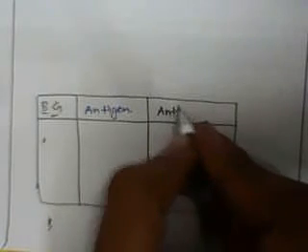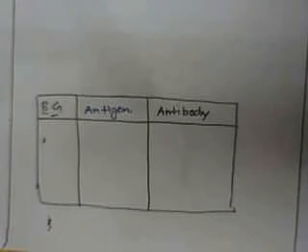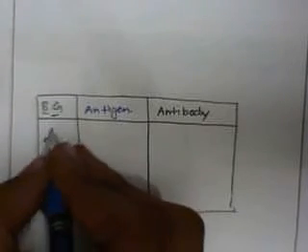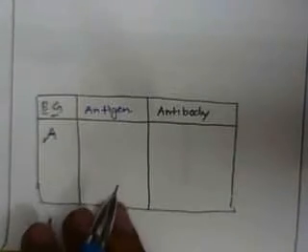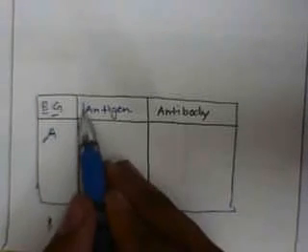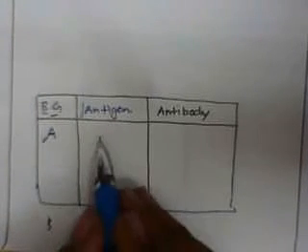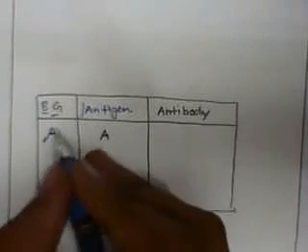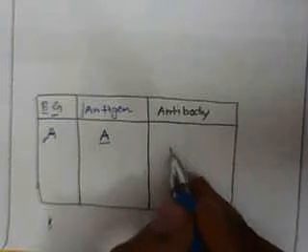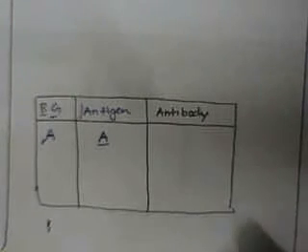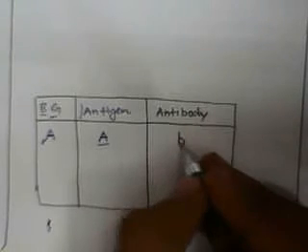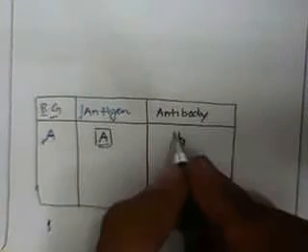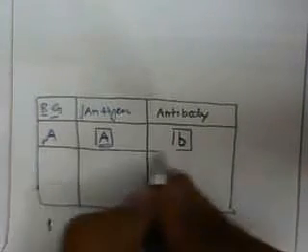Here we'll tell you about the antigen present in that blood group, and here you will have the antibody present in that blood group. If we're talking about the A blood group, then we focus on the antigen part. Whichever antigen we have, the same would be the name of the blood group. So if we have A antigen, then we have A blood group. If you have A antigen, you cannot have the small a one, so you'll have the B antibody.